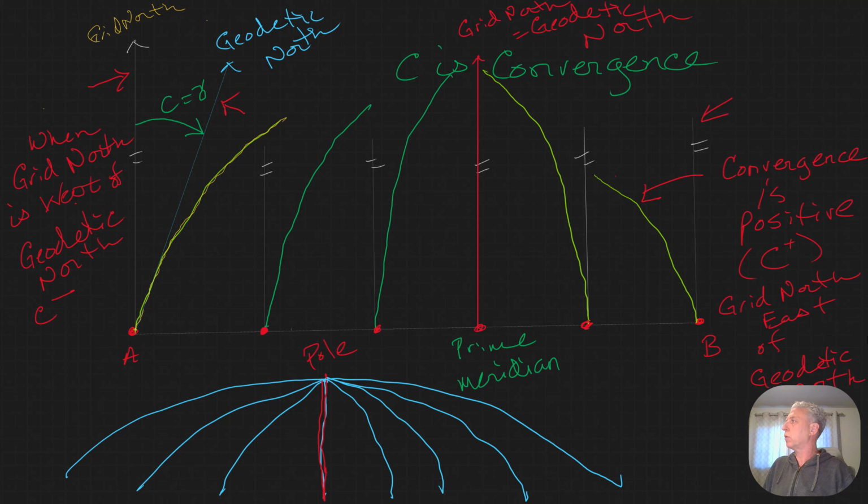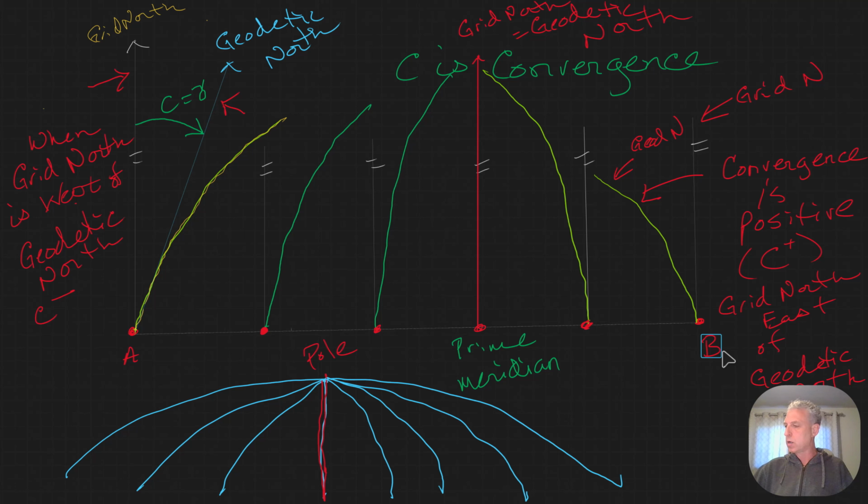So grid north, geodetic north. And we can see that there grid north is east of geodetic north, and so we have a positive convergence angle. Okay, sorry about the screw up.